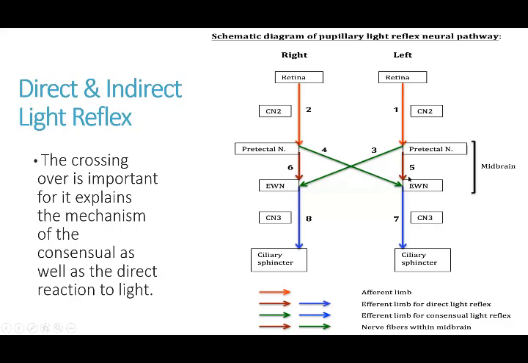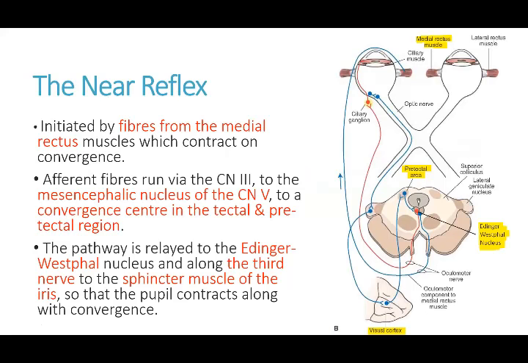Now from there, the impulses pass via both third nerves, and both pupils are going to constrict. The crossing over is important because it explains the mechanism of consensual as well as direct light reflex. Now we talk about the near reflex. Is this all clear for you?